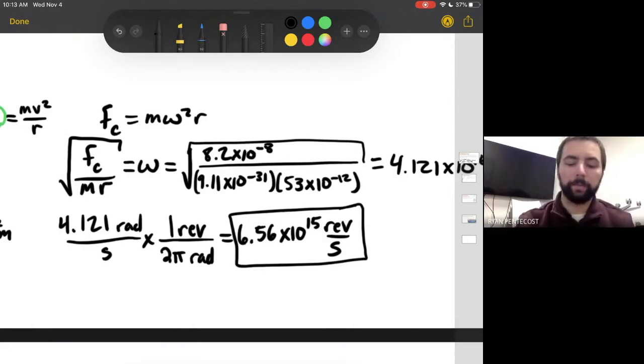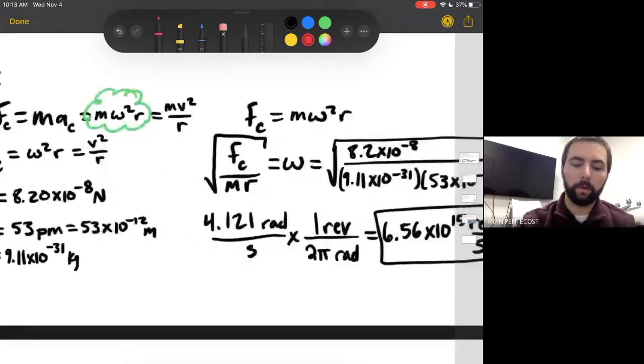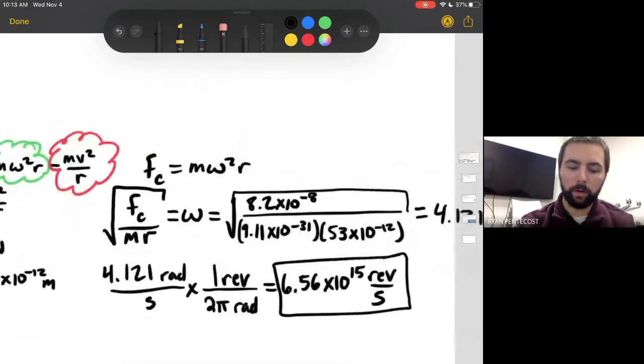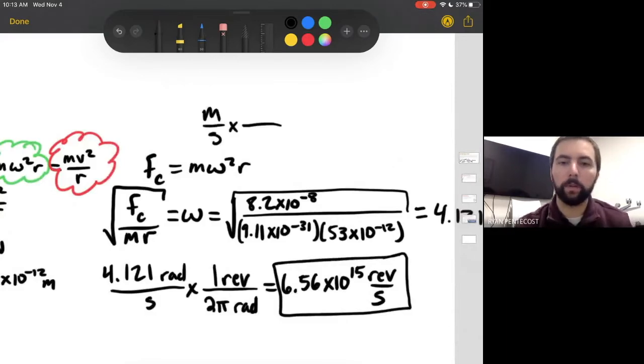So you could also do this by using your m v squared over r if you would prefer. What you would do is solve for v with m v squared over r, which would give you meters per second. But then to get from meters to revolutions, you need to know how many meters are in one revolution, which would be the circumference, right? We don't know the circumference of this, but we do know the radius.